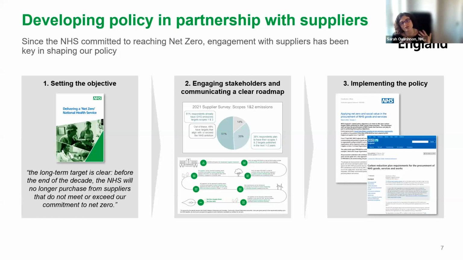After setting that objective, we engaged with our suppliers. We've run a number of engagement exercises. You see here in the middle of the slide a survey that we did to understand where they were in terms of their emission measurement and how ready they were to measure and disclose their emissions.